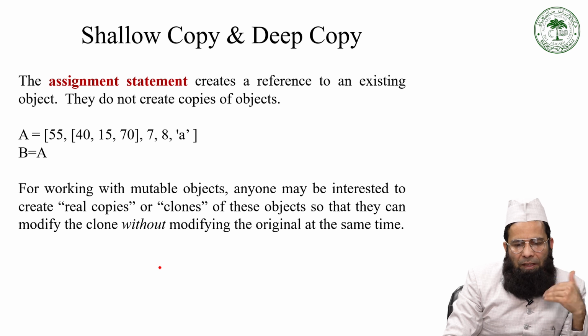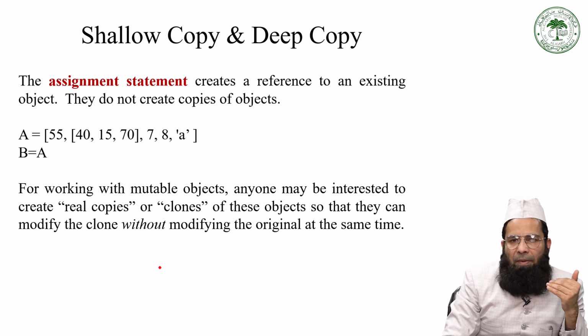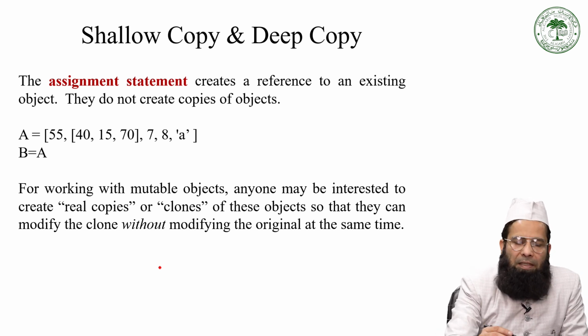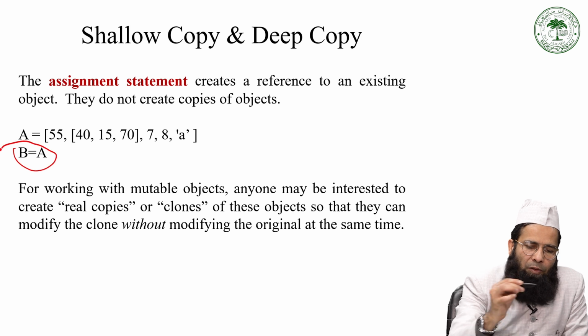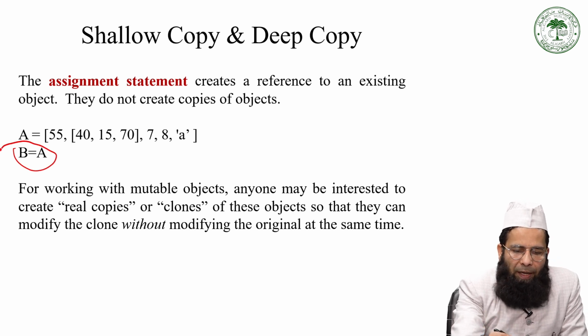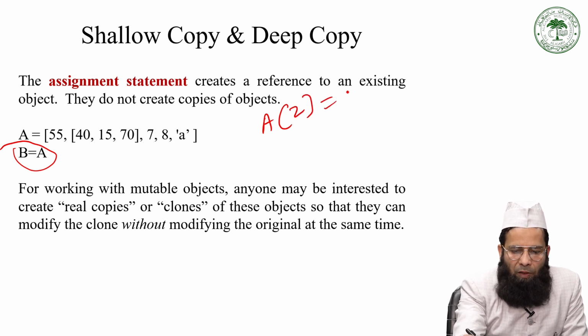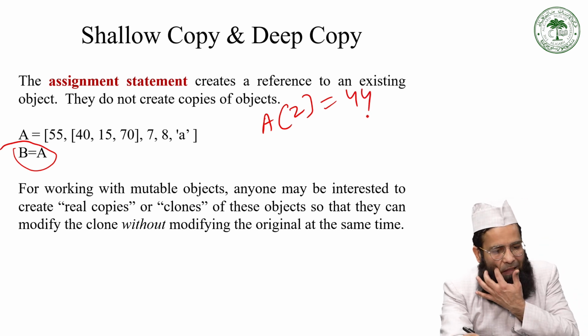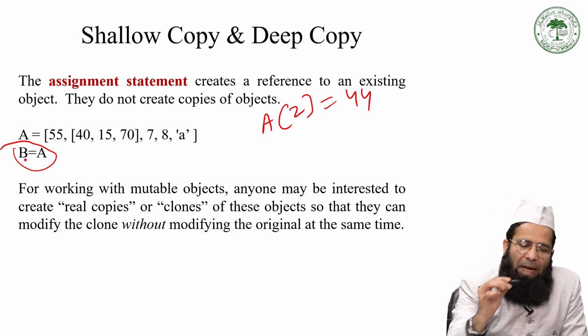And what is shallow copy actually? The assignment statement creates a reference to an existing object, like in this case. So if I update A[2] as 44, this would be reflected in B as well.